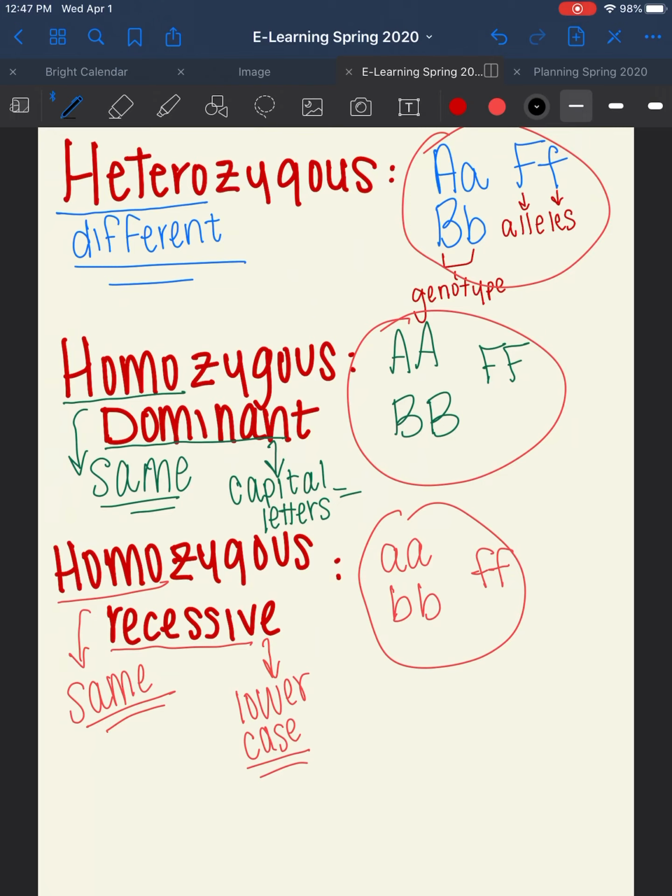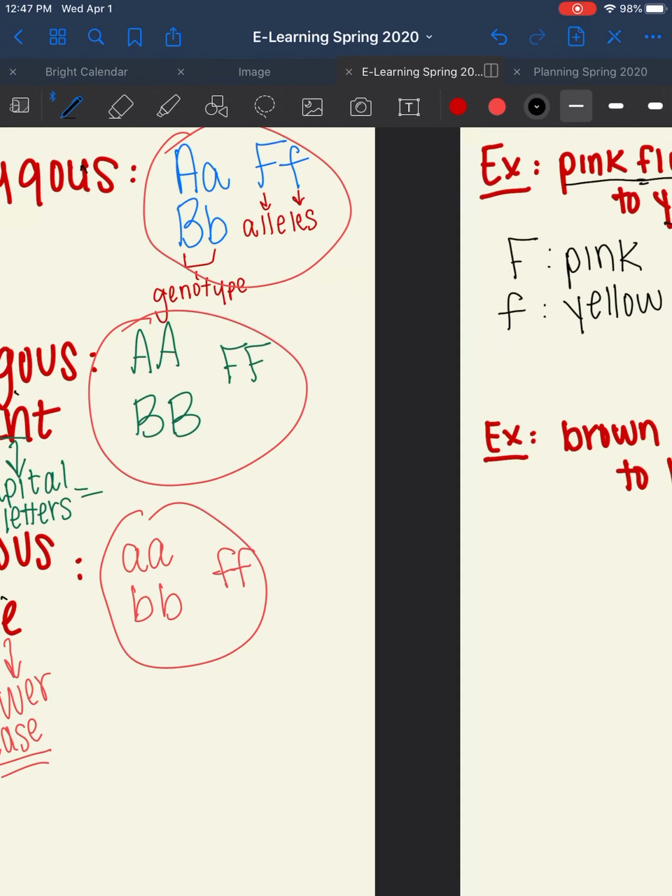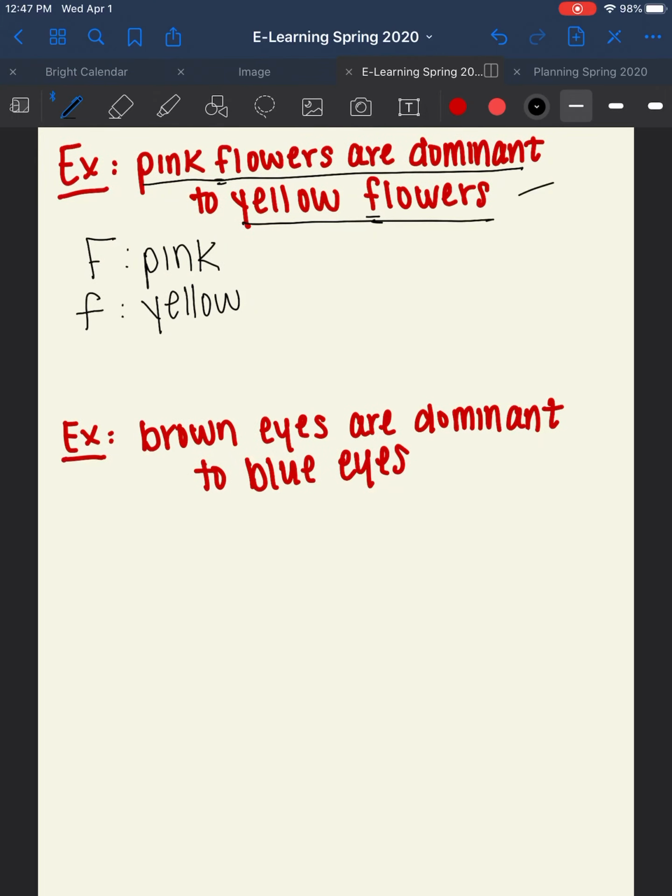So if we come up with our three examples, something that is big F, little f, something that is heterozygous. Since it has this capital F, that means the dominant trait is going to be expressed.